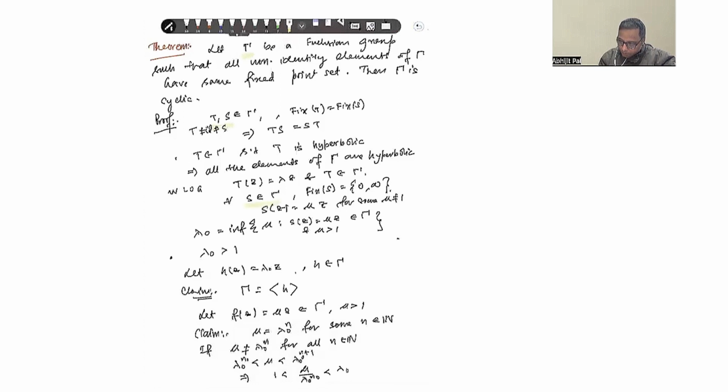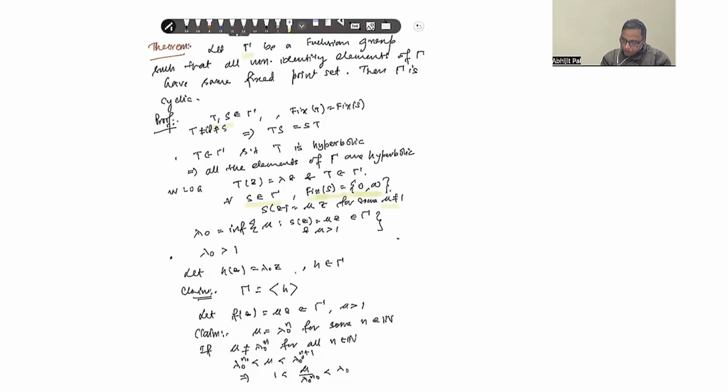Therefore, for all S belonging to gamma, the fixed point set of S is equal to {0, infinity}, because the fixed point set of S is the same as the fixed point set of T, which is {0, infinity}. And Sz will be of the form mu z for some positive real number mu, and mu is not equal to 1.